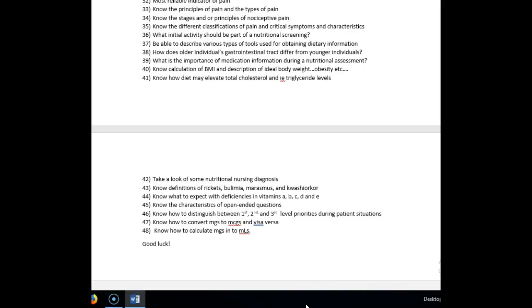I know y'all have seen that before. Them kids be getting them big bellies and all of that. So it's protein calorie malnutrition. It's called marasmus. Look that up. That's something important for you guys to know.